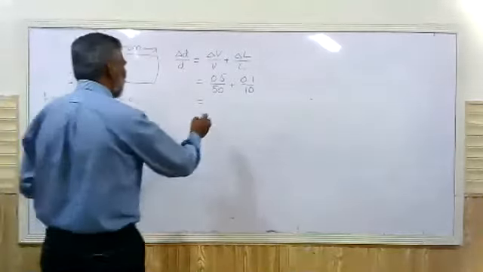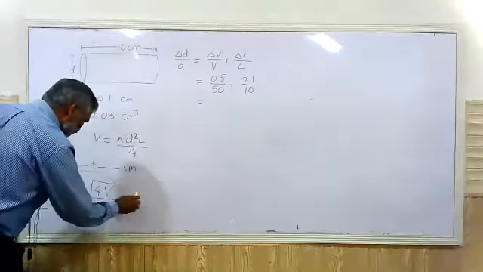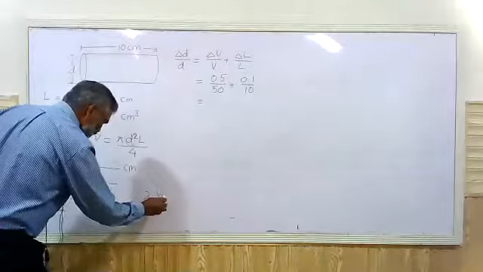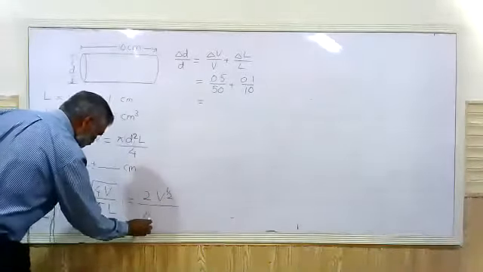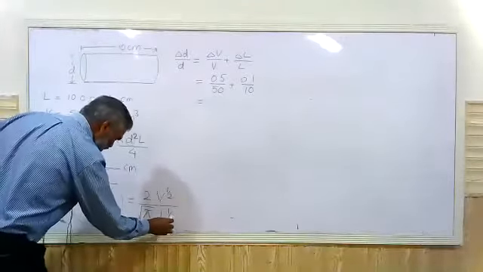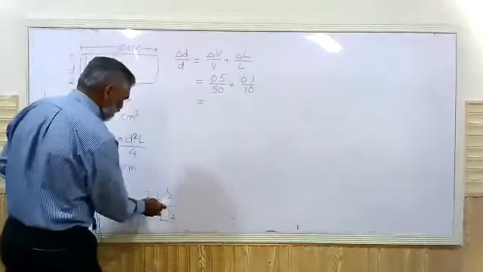So if I consider this 4 under root as 2, this V under root means 1 over 2 power, this pi under root is constant, and this L is 1 over 2. So there are powers involved here and both are 1 over 2.